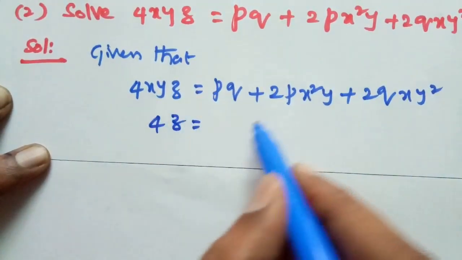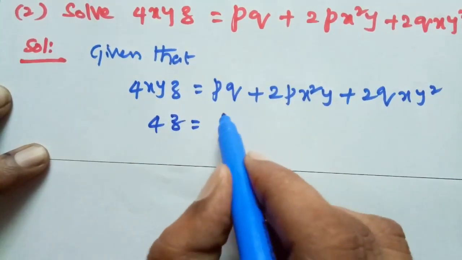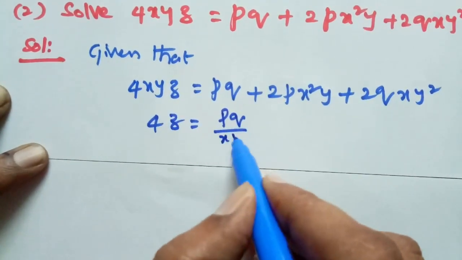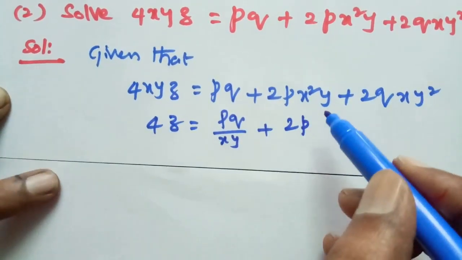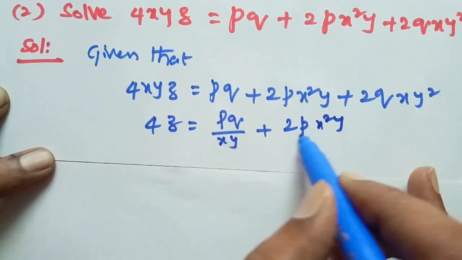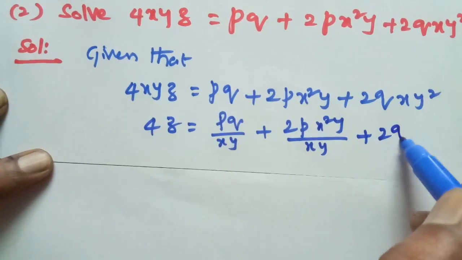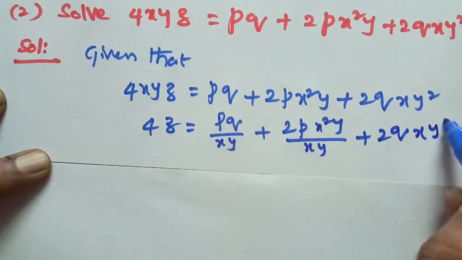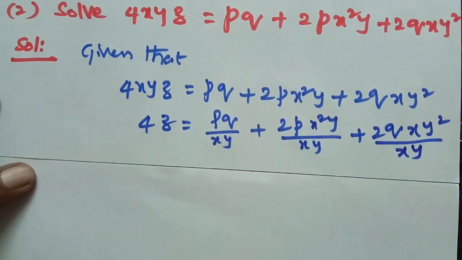4z is equal to, we are dividing by xy, therefore pq by xy plus 2p x square y by xy plus 2q x y square by xy.